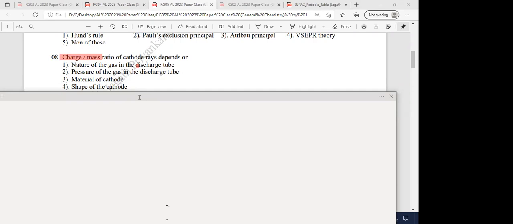Yes. What is the answer for the 8th MCQ? Can you all see the screen?